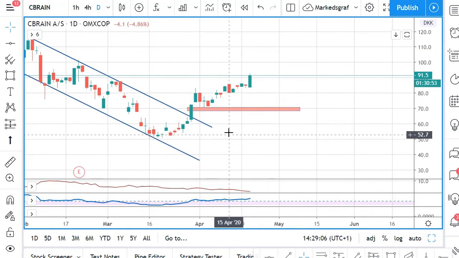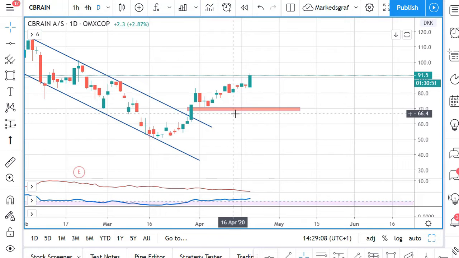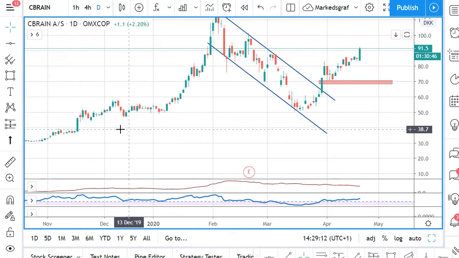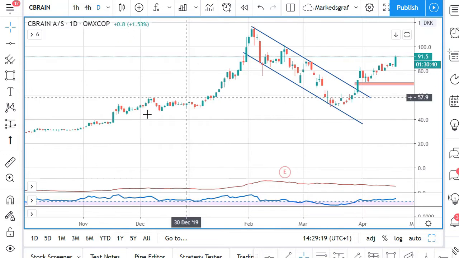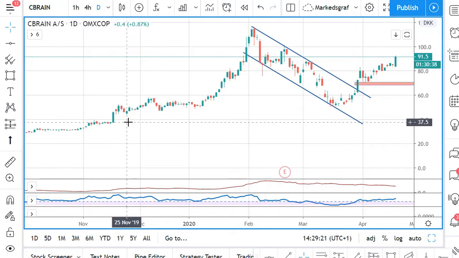So why should we use stop losses? Well, there are several reasons. Let's look at Cbrain here. It had a good run here last year in 2019. I was in on some of it. A stop loss can be used to make sure that you limit your risk.